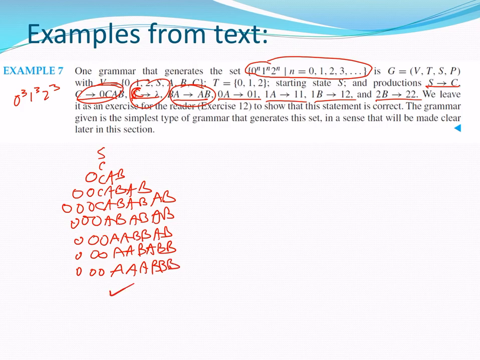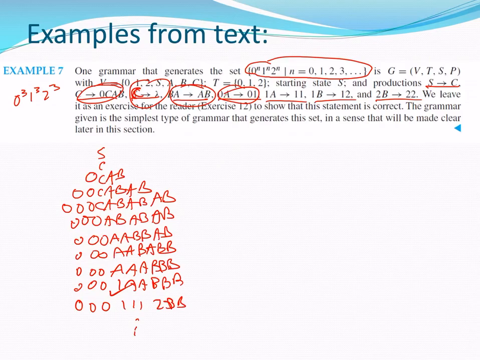And so it worked. Oh, I haven't done yet. I'm sorry. We've got to do replacement. So I can start to do replacement using these rules. It'd be 0001ABBB. Eventually we'll get over to 000111222.